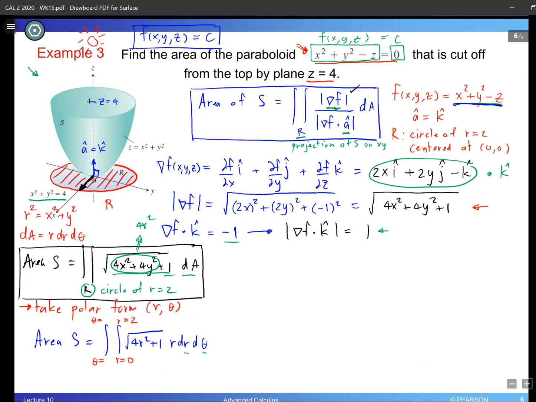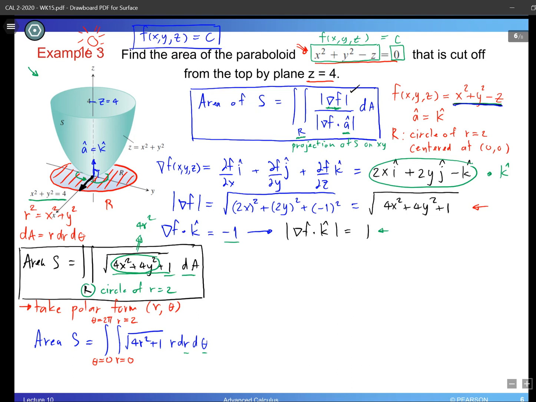Now for the angle, as you can see here, once again this is a full circle. So you have to sweep the angle starting from the x-axis all the way and comes back to x-axis again, and that's why we cover the whole circle. So theta has to start at 0 and ends at 2 pi, whole circle.